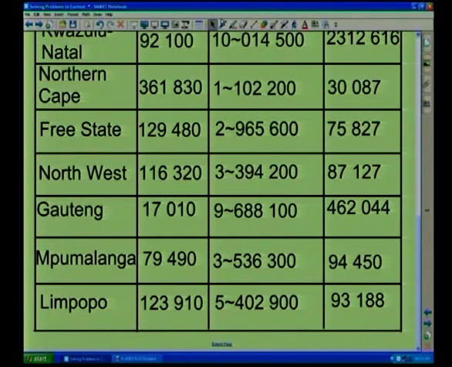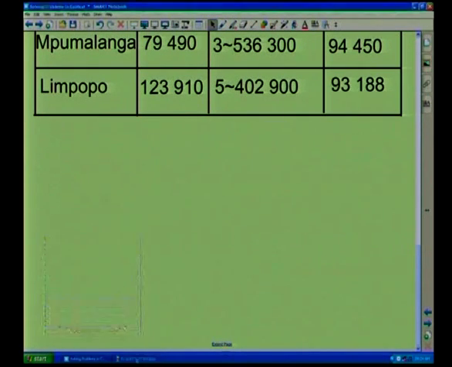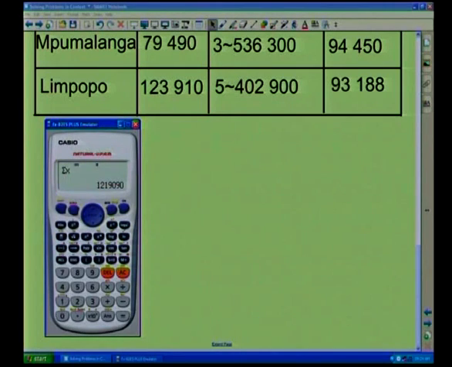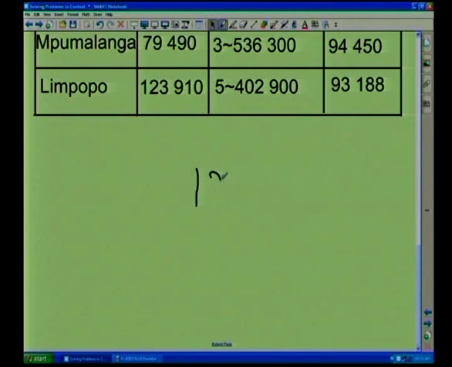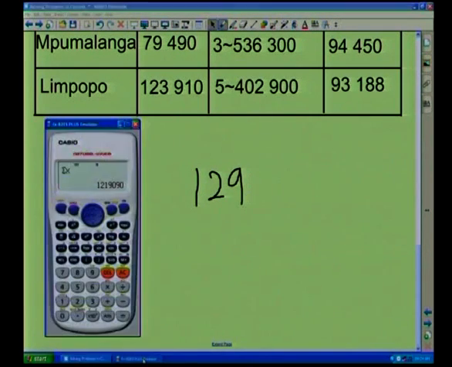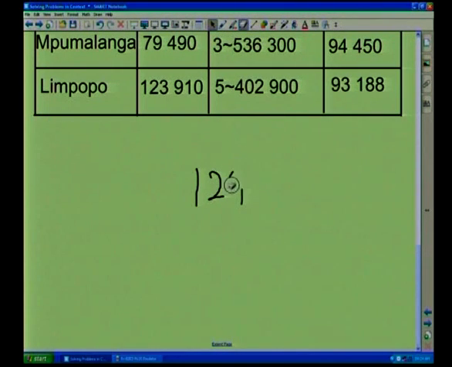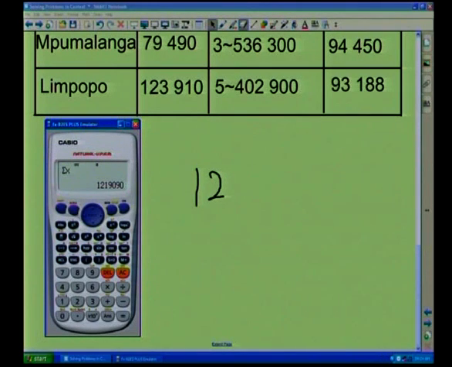I'm going to go right down to the bottom and extend my page, and we're just going to put the value in here so that we have it for ourselves. Right. Get our calculator back. Sorry, that's 1,219,090 is what we're wanting.